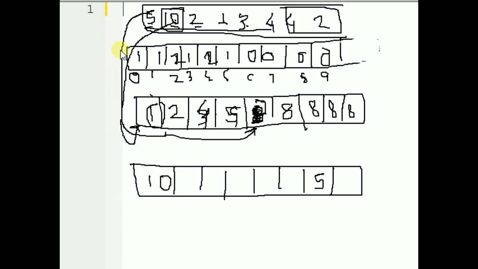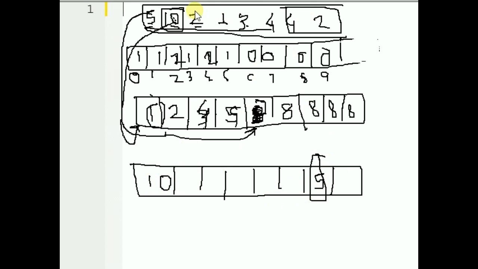Now if you mentally sort it, we understand that 10 should come in the last position and 5 would come here. Don't worry about it, it would get sorted in the following passes, but at this stage 10 is here and 5 is here. 5 is in its correct position, no problem with 5, but 10 will get sorted later.